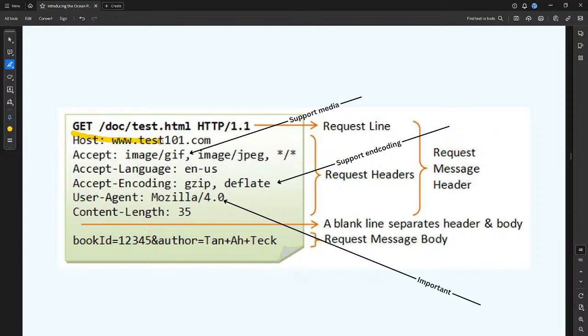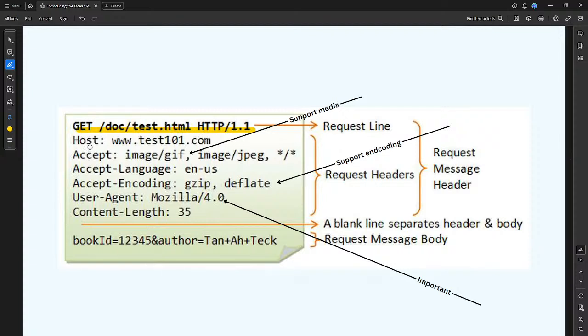This is the request line, where we just read saying get certain information. Here we can see it's saying get this test file, which is an HTML, and of course with the protocol embedded with it.